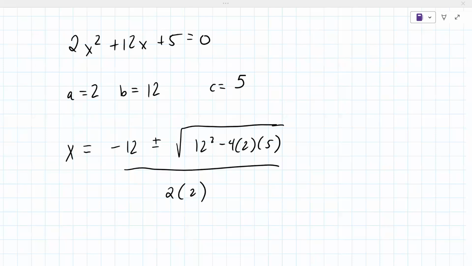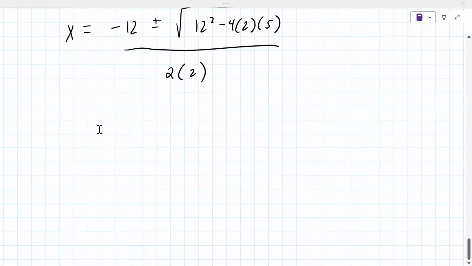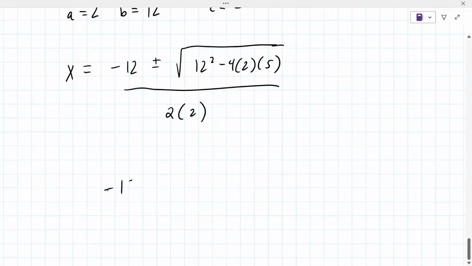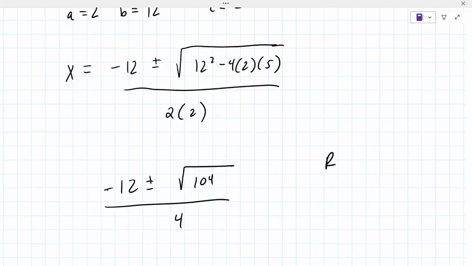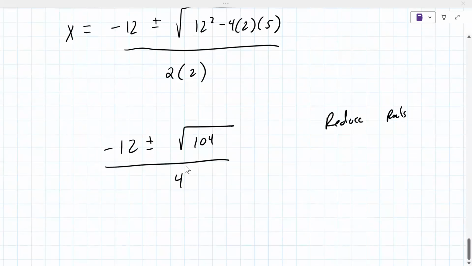104. Okay, good. Now, this is new, and this is where I was trying to hold off on showing you this. Did you guys talk about how to reduce roots in the classroom? Because that's sort of its own lesson.